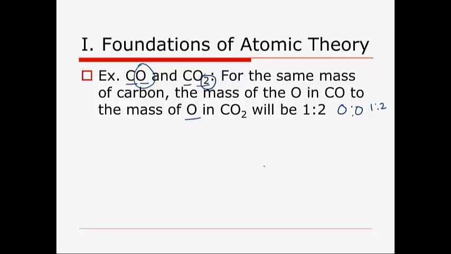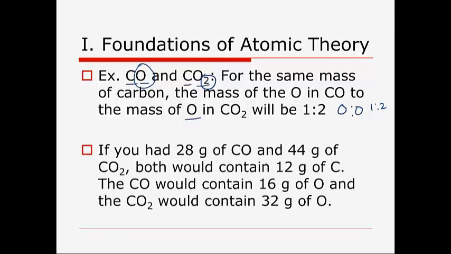Now, in terms of mass, if you took 28 grams of CO and 44 grams of CO2, why are there different masses of CO and CO2? Because we have to have the same mass of carbon. Both of these will contain 12 grams of carbon. So you have 12 grams here and 12 grams there.